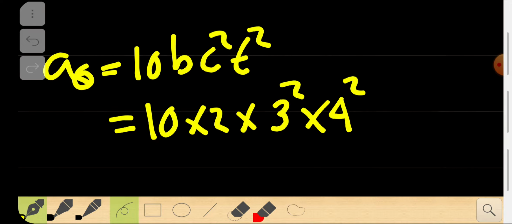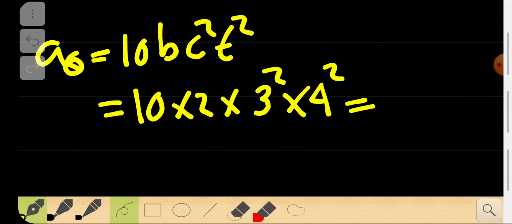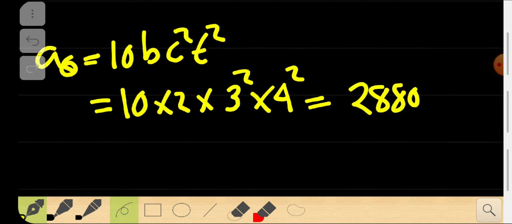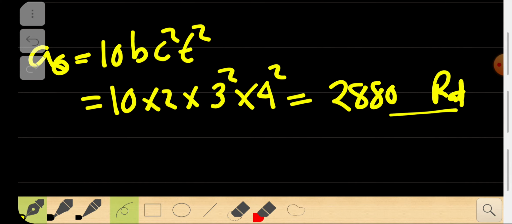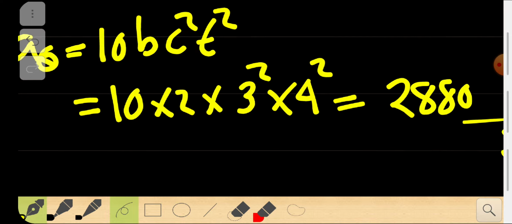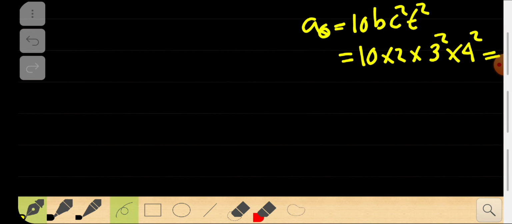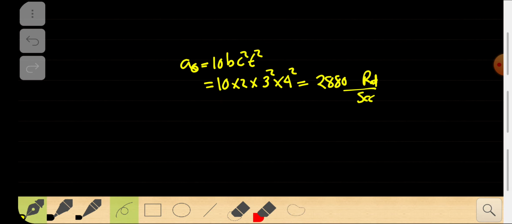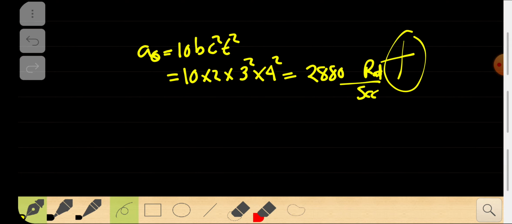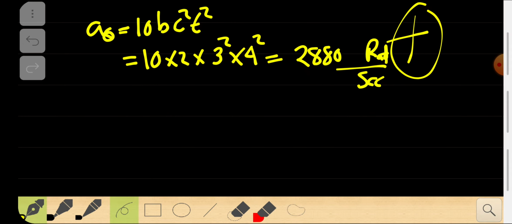So that is going to be equal to, I did this earlier, 2880 radians per second. This is a positive value here, which is a huge number. That's the only thing that we need to get.